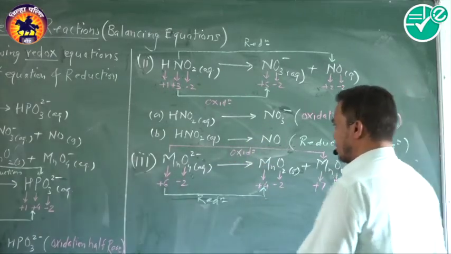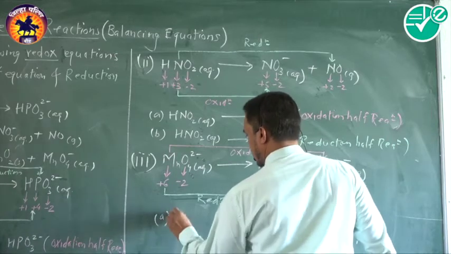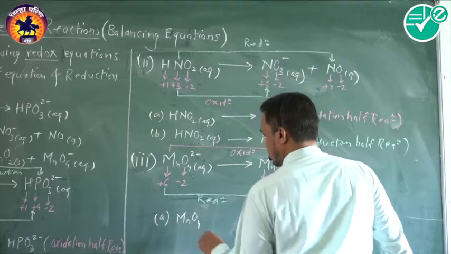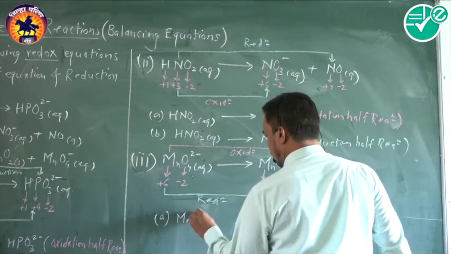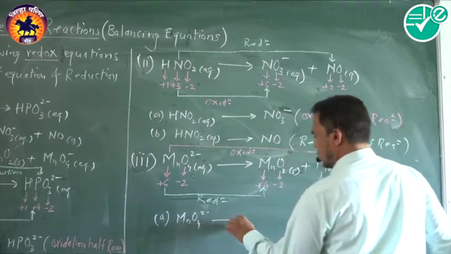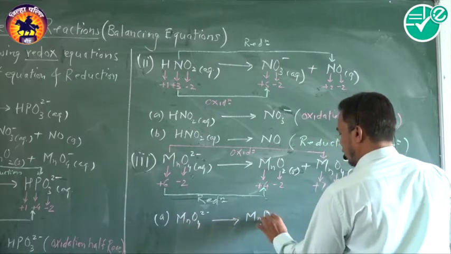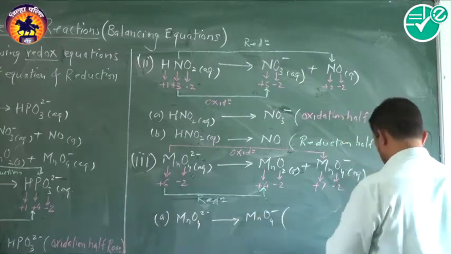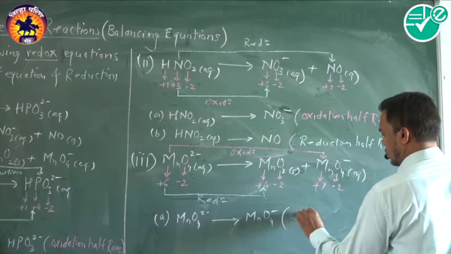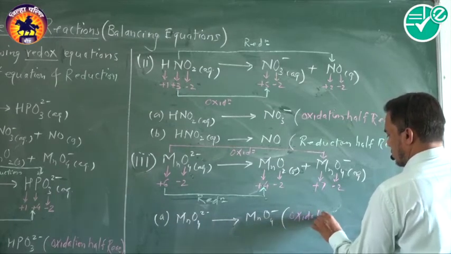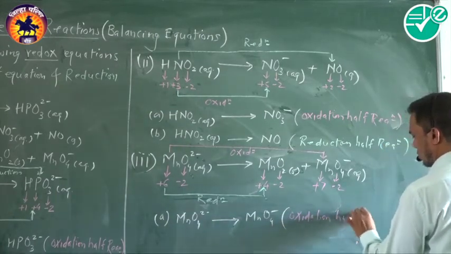Now write separately: manganese in MnO4 2- changes to manganese in MnO4-. This reaction is the oxidation half reaction.